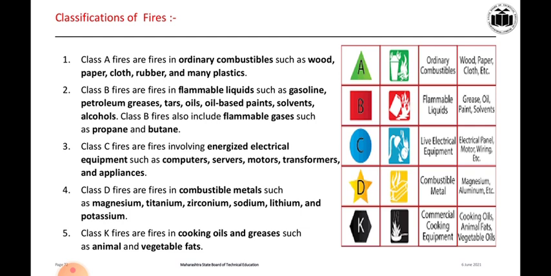Class B fires involve flammable liquids such as gasoline, petroleum gases, tar, oil based paints, solvents and alcohol. Class B fires also include flammable gases such as propane and butane.